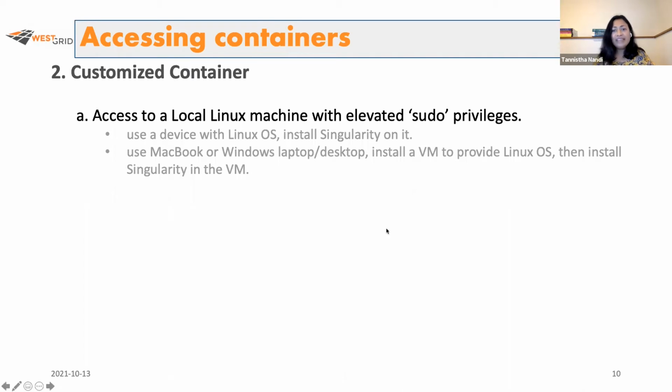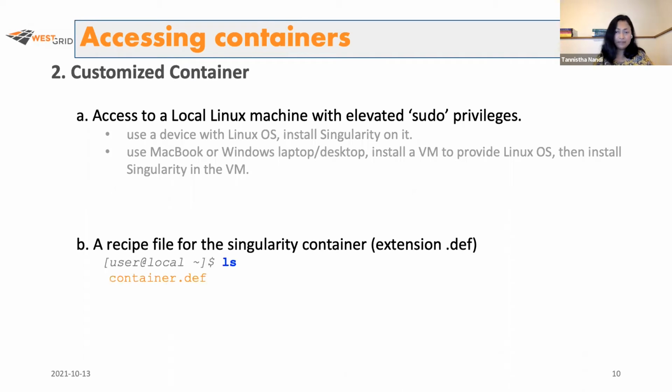The second thing that you need is the recipe file with the instructions. So this is the file that decides what goes into the container. In a way, it's a definition file, so it has an extension of .def. These files are called Singularity recipe files.